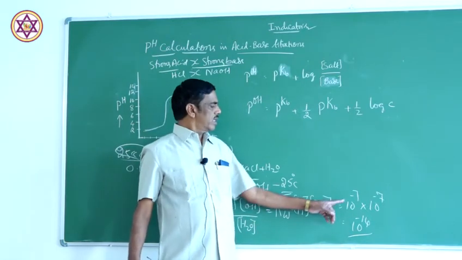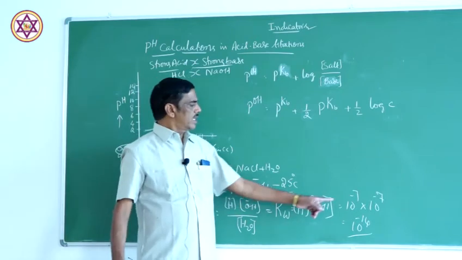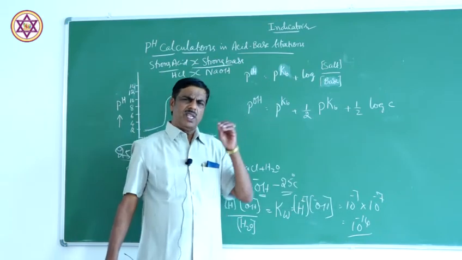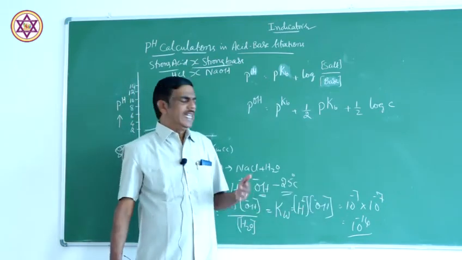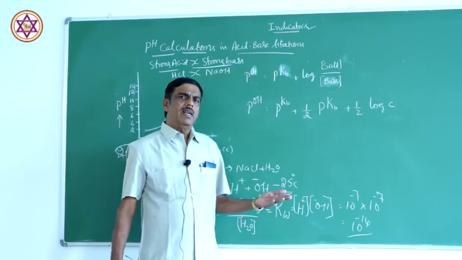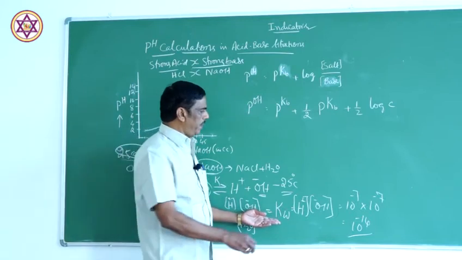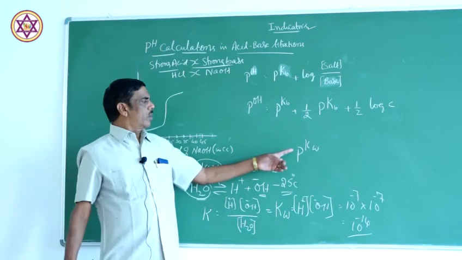Therefore, what is the concentration of H plus ion and of OH minus ion? We know the concentration of H plus ion is 10 to the power of minus 7, a very small quantity. Therefore, to express it in terms of integers, we take the negative logarithm. The negative logarithm of Kw is called pKw, the negative logarithm of the ionic product of water.